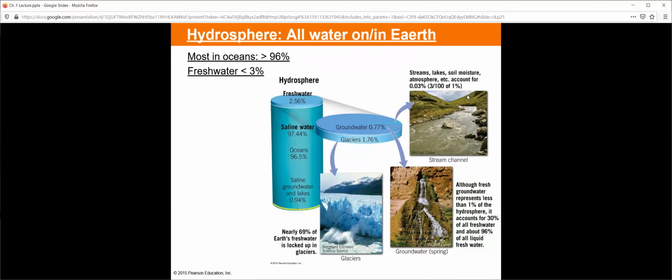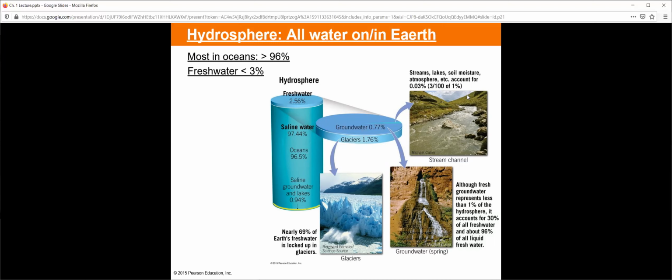And of that 2.5%, a vast majority of it is in glaciers, frozen, at the North and South Poles and Greenland, stuff like that. Of that, we get to the point where a tiny, tiny portion of Earth's water is liquid fresh water.